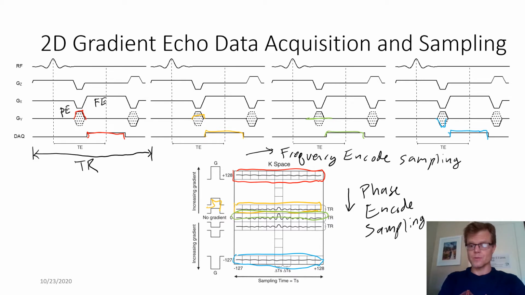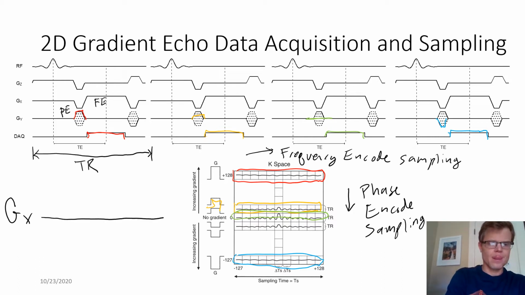And you should note that one thing we're going to talk about in this lecture is the concept of the sampling time. Let's zoom in to one of these frequency encoding gradients during the data acquisition, and I'll draw it idealized here.